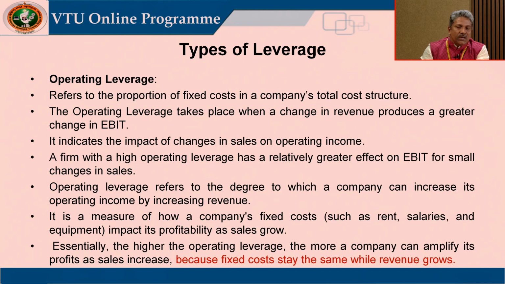In short, operating leverage means that if the company makes a high investment in fixed cost, then the company is using high operating leverage. If high operating leverage is used, a small change in sales revenue will make a higher impact on operating income.